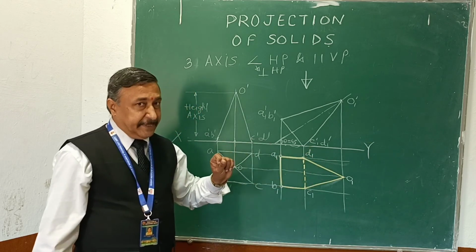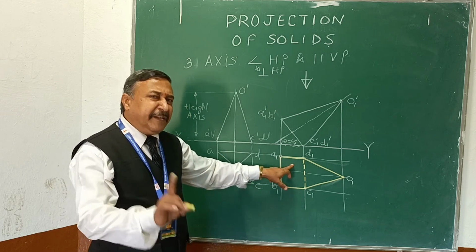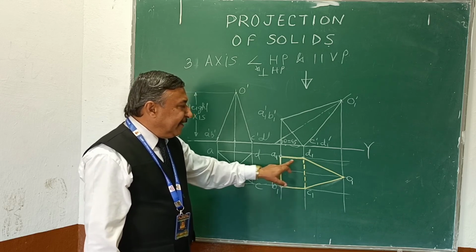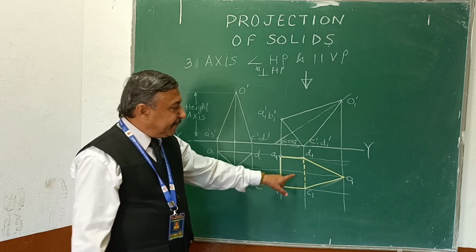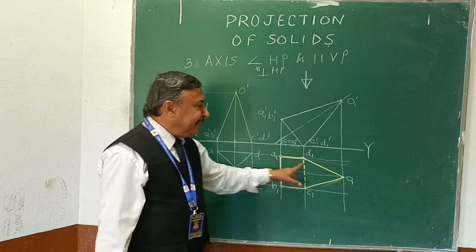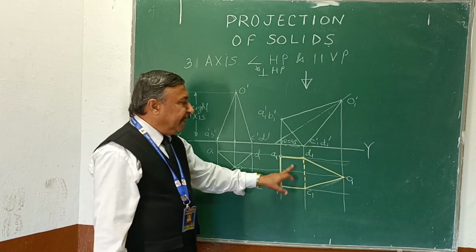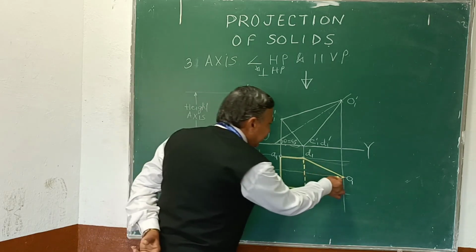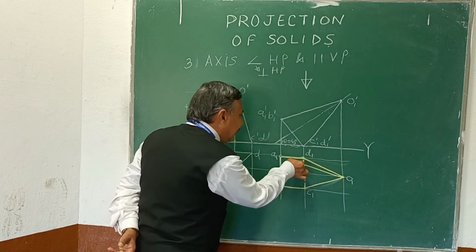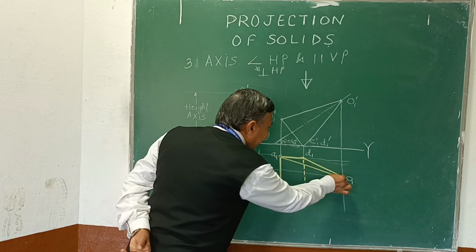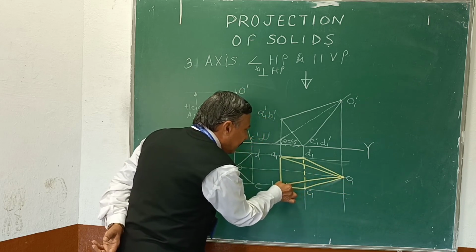Now how we join it? See, the base is invisible. If the base is invisible, then these edges are visible, obviously. And if this is visible, then these edges will be invisible. So we draw complete lines. This is a slanting edge OA, and this is a slanting edge OB.